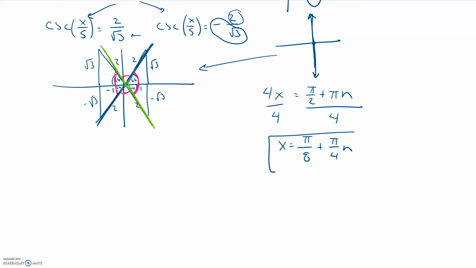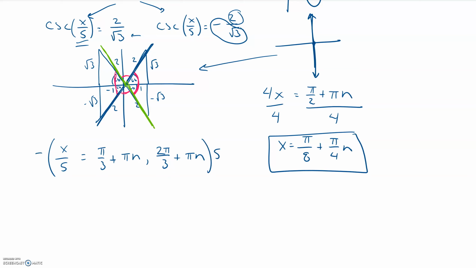And then for the left side of the problem, we have 60 degrees is pi over 3 plus the straight line makes pi n. 120 degrees is 2 pi over 3 plus a straight line is pi n. And this time our fancy argument is x over 5.